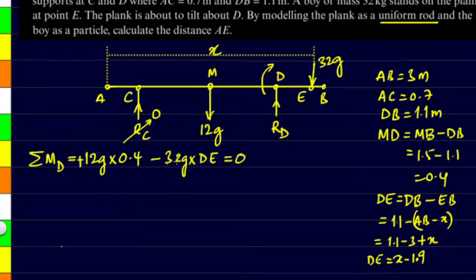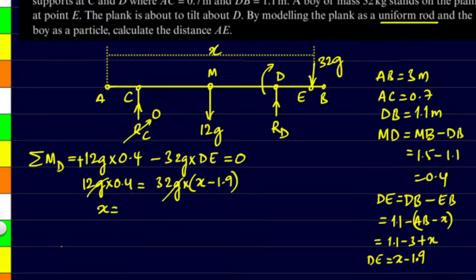Now here let us substitute the values. So the negative term is sent to the other side. So 12g times 0.4 equals 32g into DE. DE value we just now found, x minus 1.9. So g will cancel on both sides and we are left with the value of x.